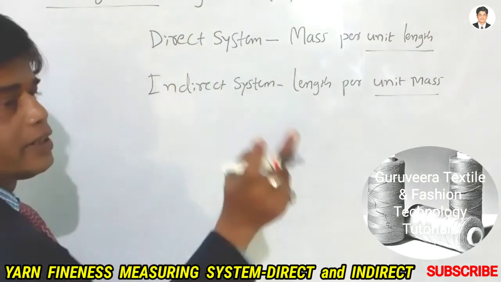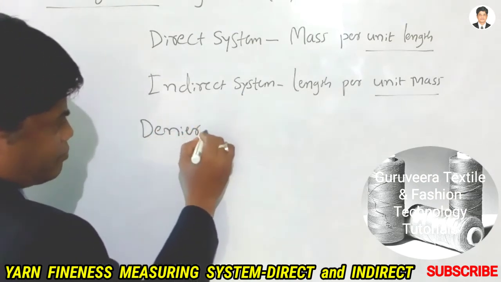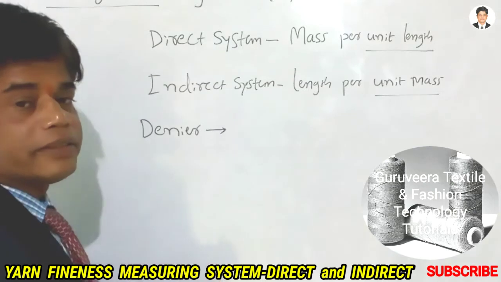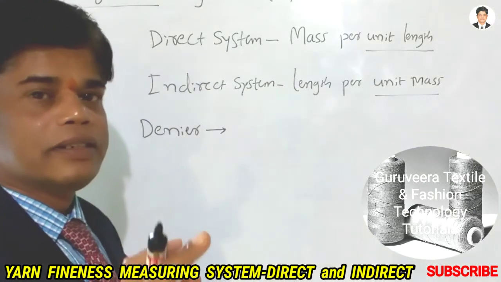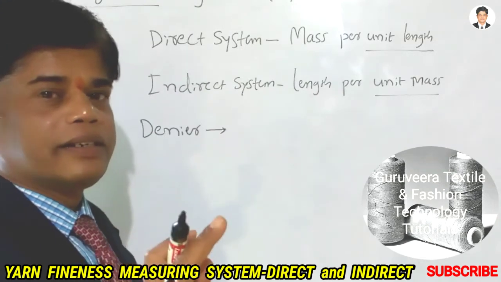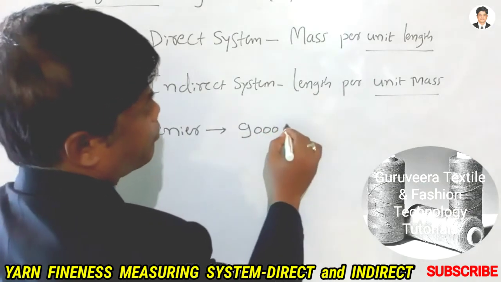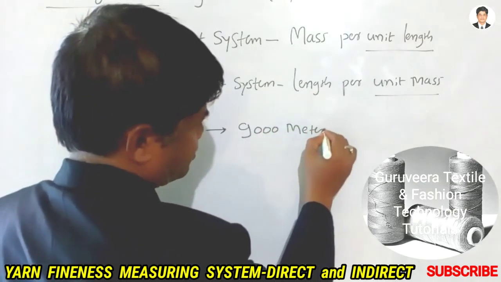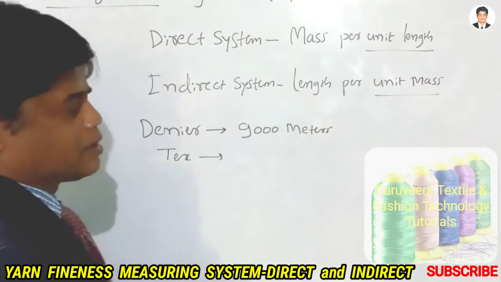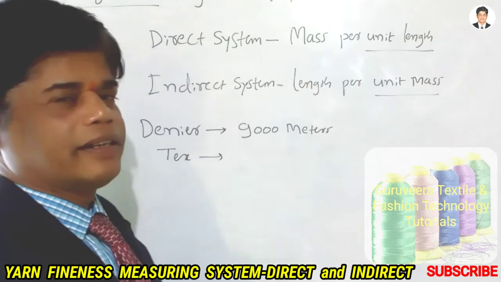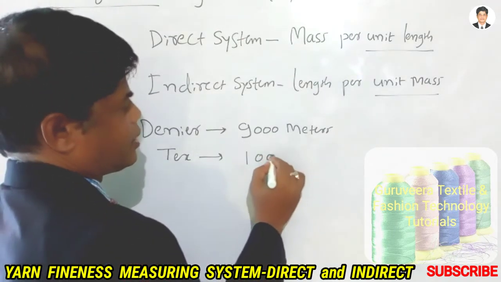Now we'll see what is denier. In denier, the standard unit length considered is 9,000 meters. Tex, the specific standard internationally recognized, is 1,000 meters.